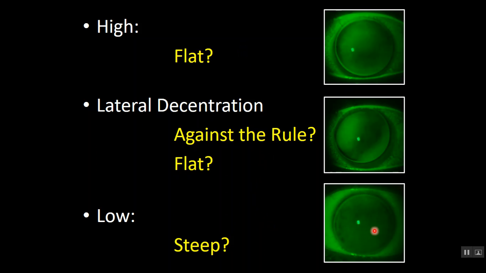Is the lens showing inferior decentration with lots of central pooling? Then we know we need to go flatter. Is the lens laterally decentering? If it's against the rule cornea, we may have to try to fit a toric in order to align it better. But if it's not an against the rule eye, are we too flat? Normally lateral decentration is a lens too flat.